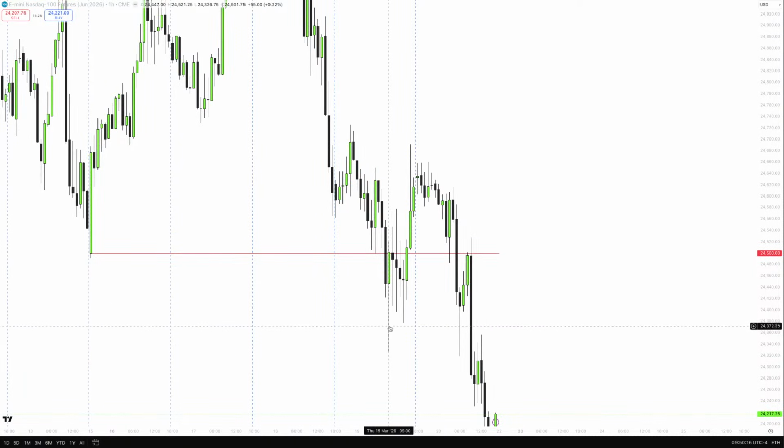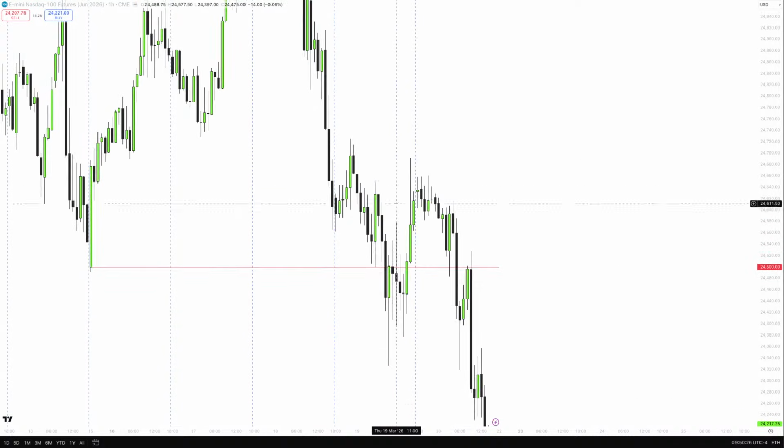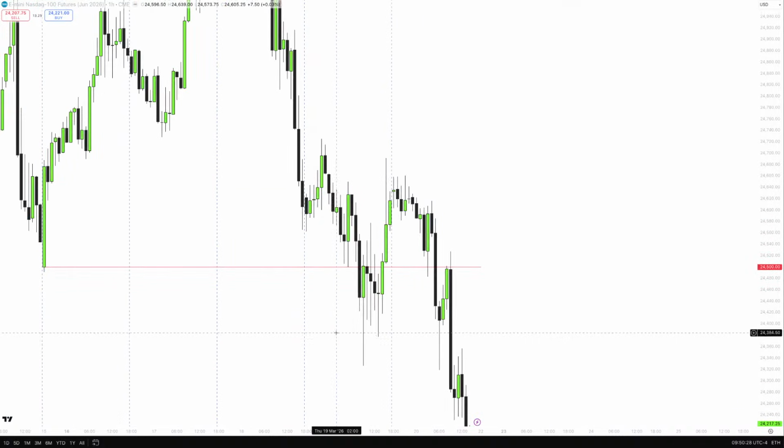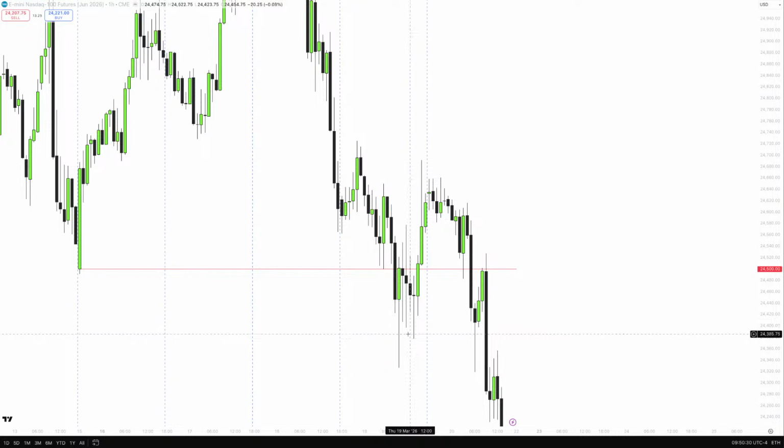So you can see right here, this is the 9 a.m. candle. And when you consider the fact that we discussed in the point before that we see this reaction here at the new week opening, then you could say, okay, this should be a low right here that can hold.